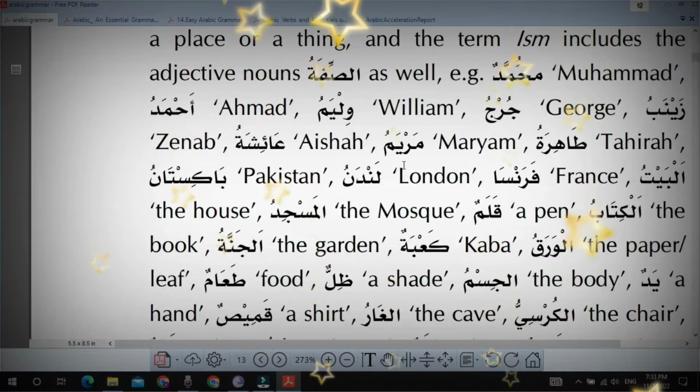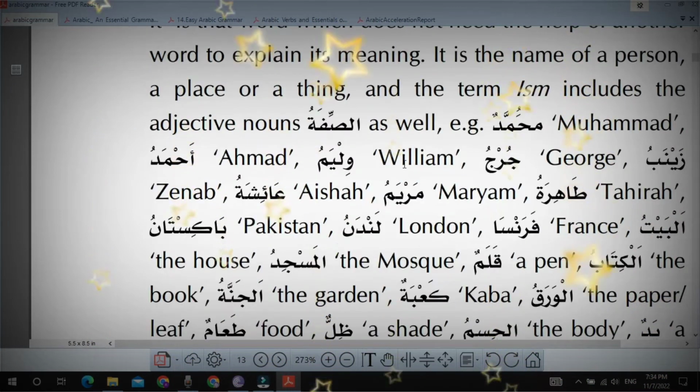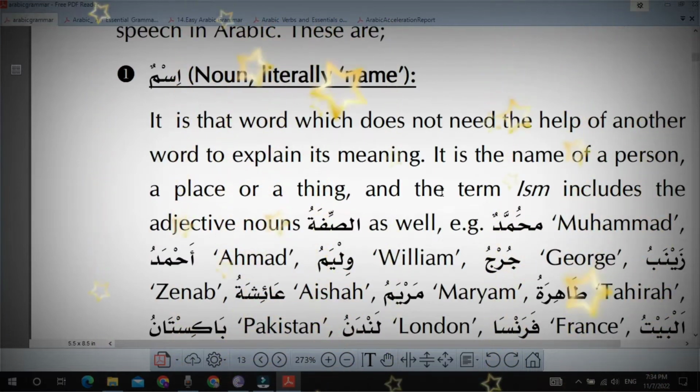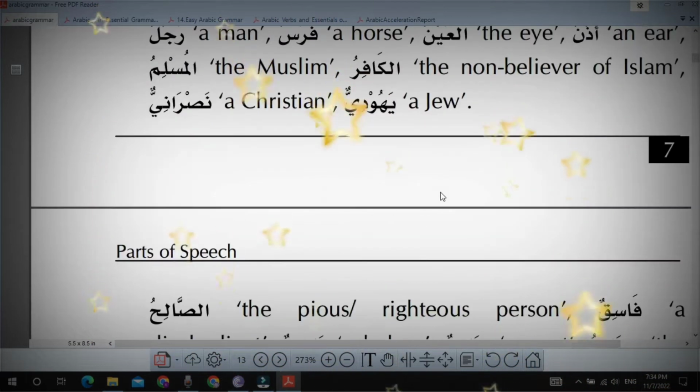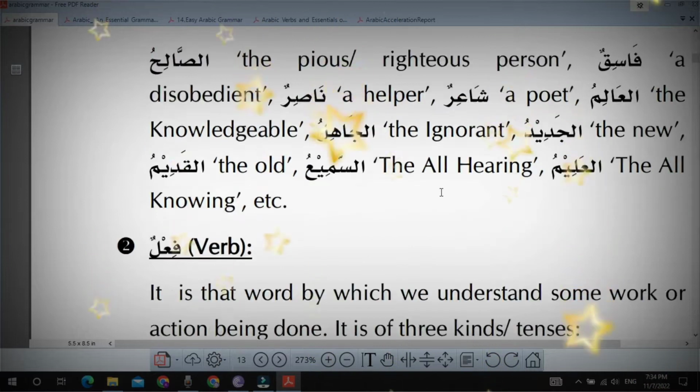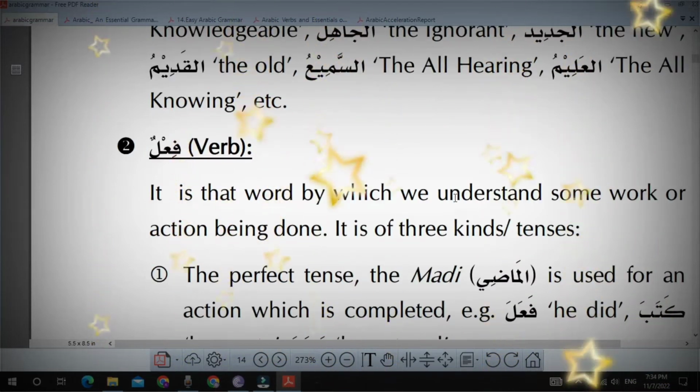But there is a difference between the noun of Arabic and the English, which we have cleared in our previous video. If you do not know the difference between the noun of the Arabic and the noun of the English, you should go to our first video. Then after watching that video, you must come here. Let's start our today's lesson.